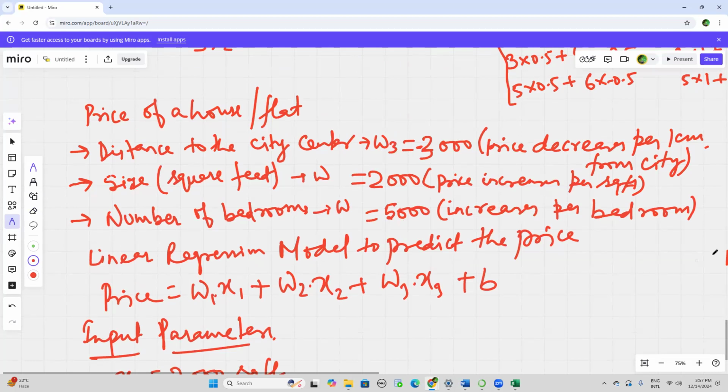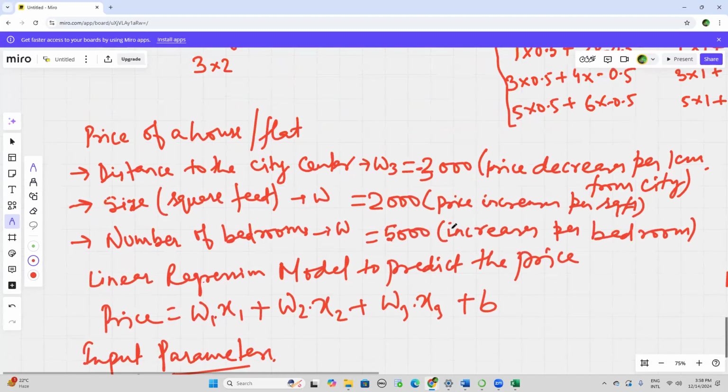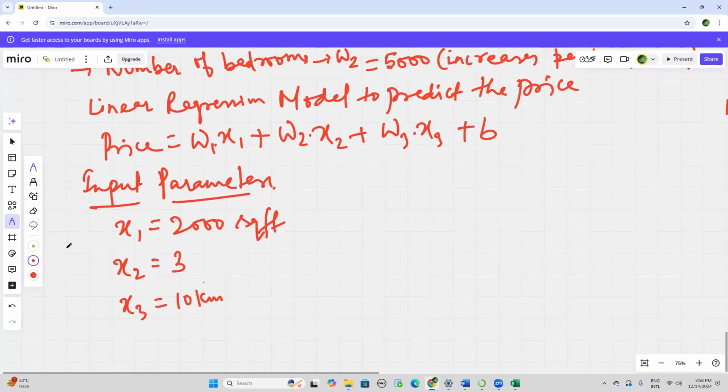Price increases per square feet, that I have taken X1, so I will take it as W1, and this is W2.